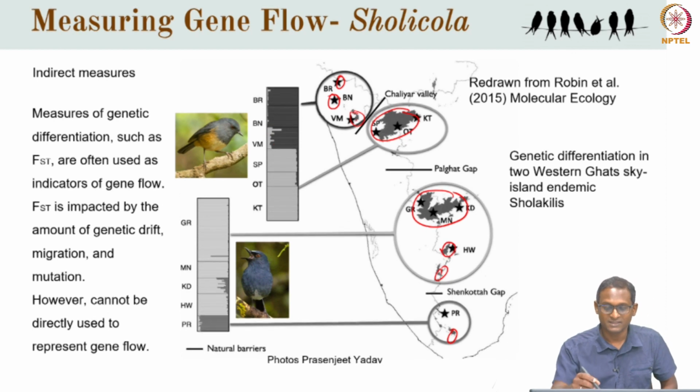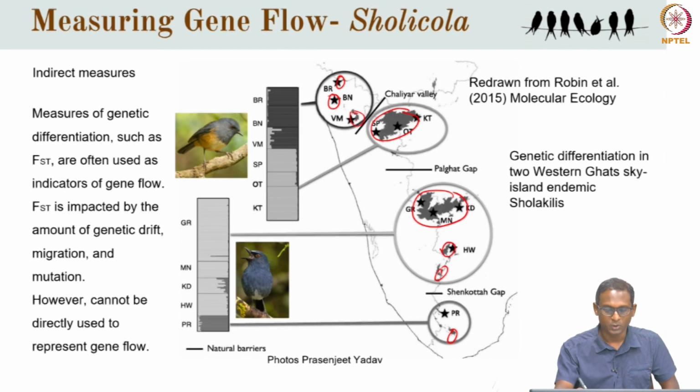So we suggested that these are one unit based on this data, and also phylogenetic data, but there is some gene flow there, and you can also look at FST, which is an indirect measure, and it is affected by the amount of genetic drift, migration and mutation, but it cannot by itself be used to quantify gene flow.